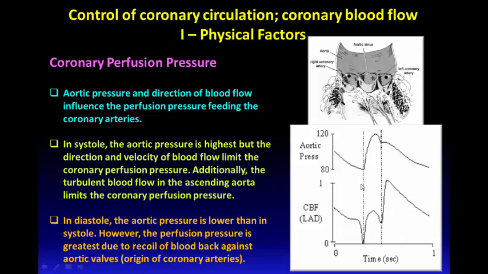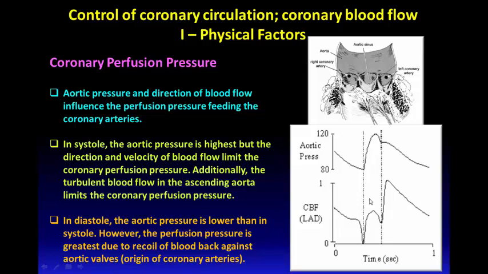As you can see here, during the isometric contraction phase of ventricular systole, flow through the left anterior descending branch of the left coronary artery is minimal, and the aortic pressure reaches its minimal level, which is 80 millimeters of mercury.